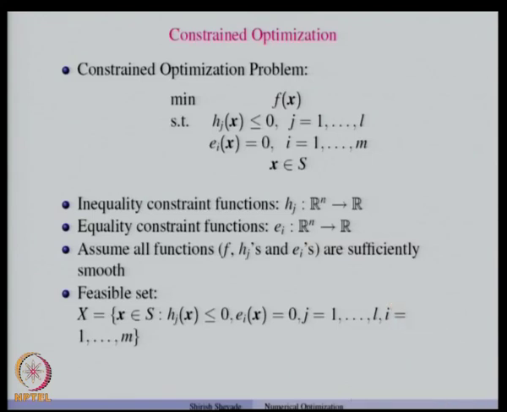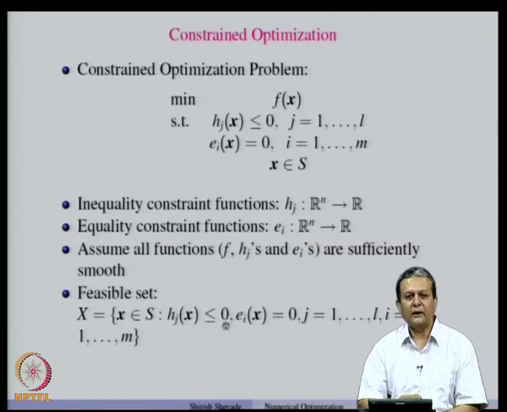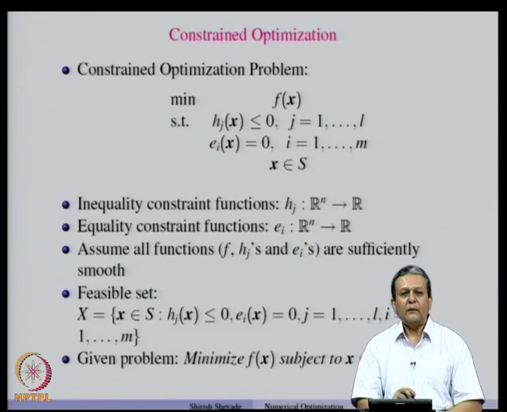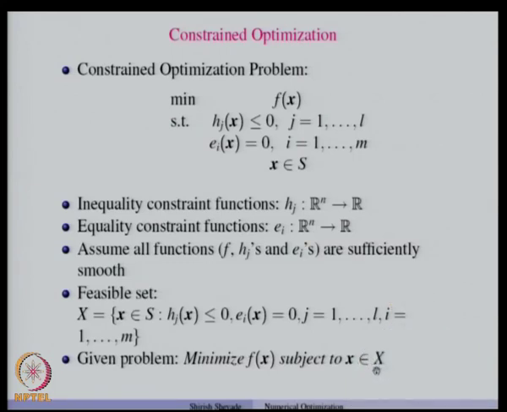In many problems, this S is nothing but Rn, and therefore, we can replace S by Rn and simply write X as all x belonging to Rn such that H(x) less than or equal to 0 and E(x) equal to 0. So, our problem is to minimize f(x) subject to x belongs to X. This is a compact way of describing the constrained optimization problem which we are looking at.